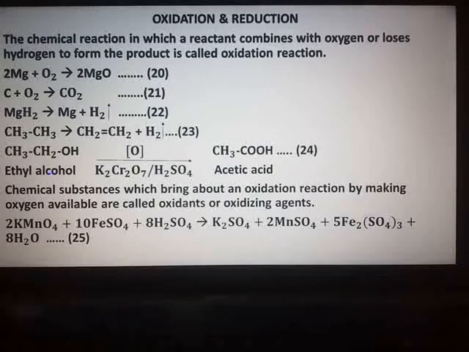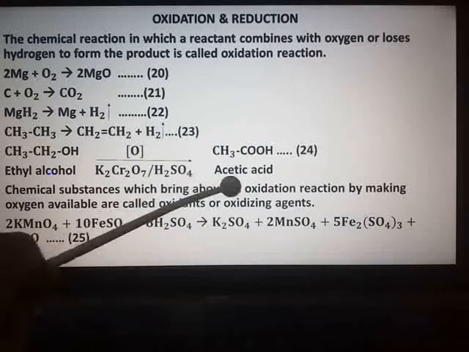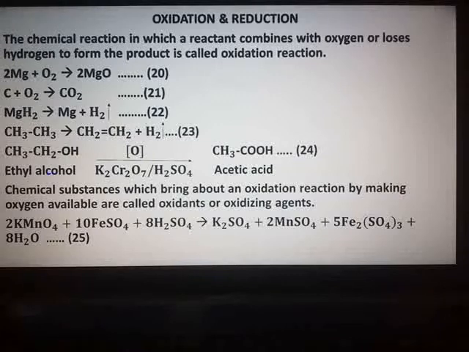So it is the agent who is making that flat available to you. So here also, acidified potassium dichromate is making the oxygen available to ethyl alcohol to bring about oxidation, and such substances are called oxidants or oxidizing agents.